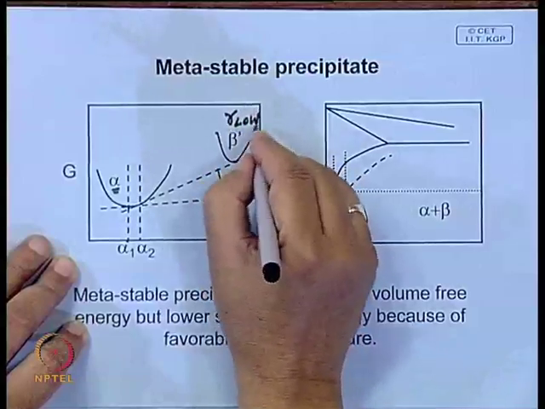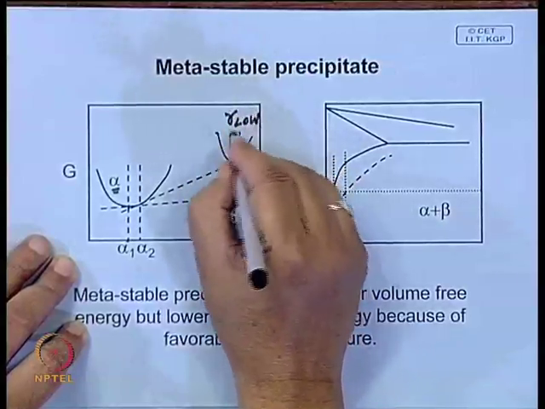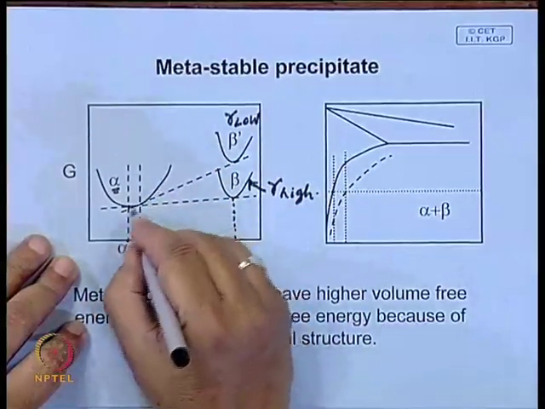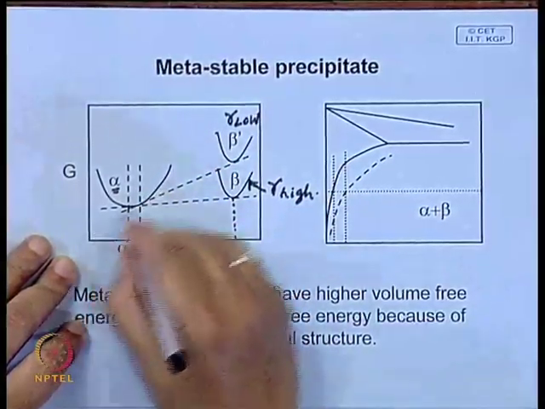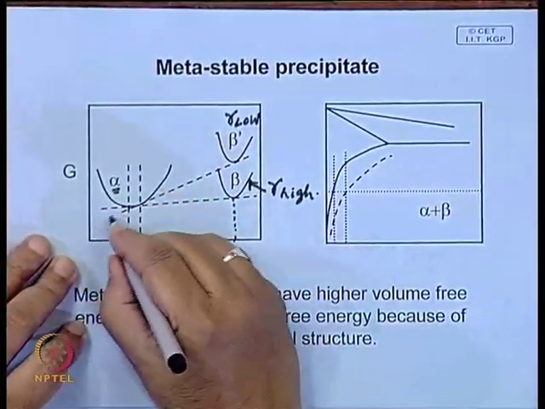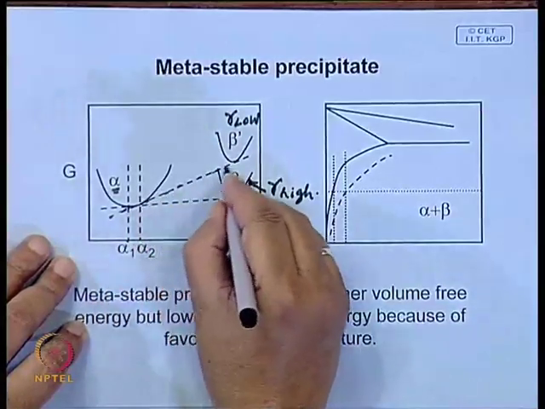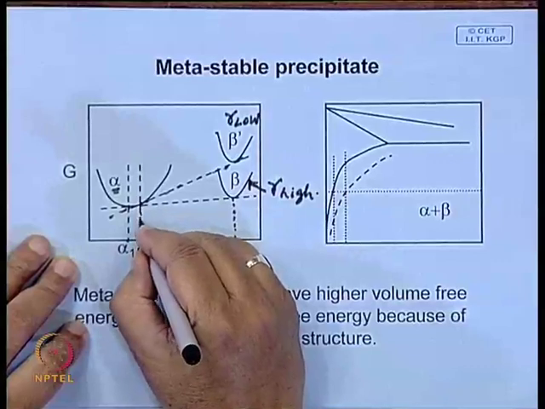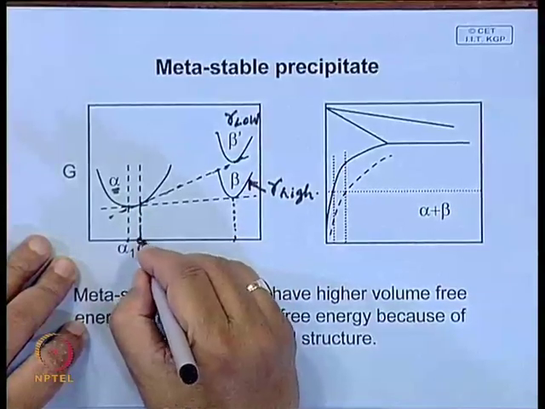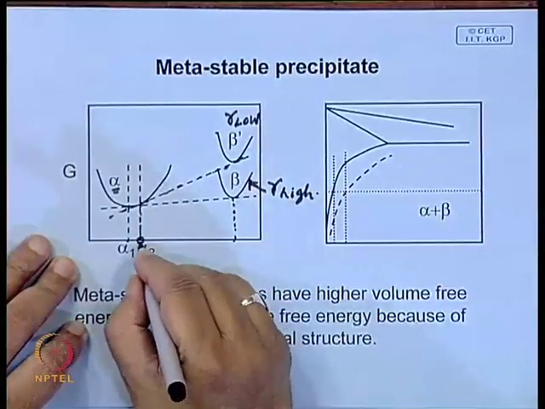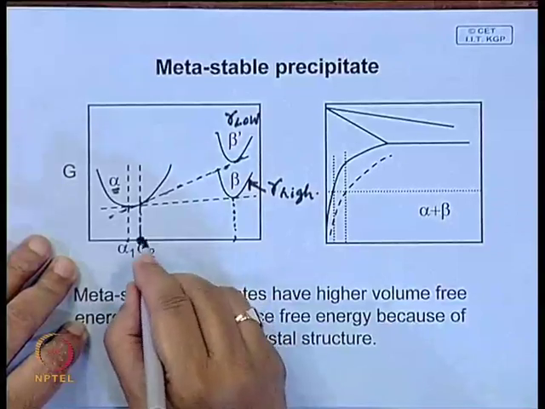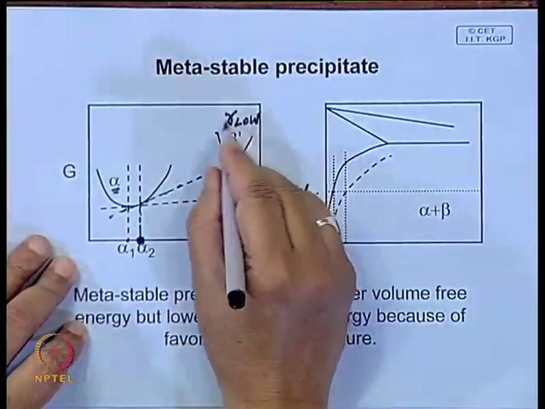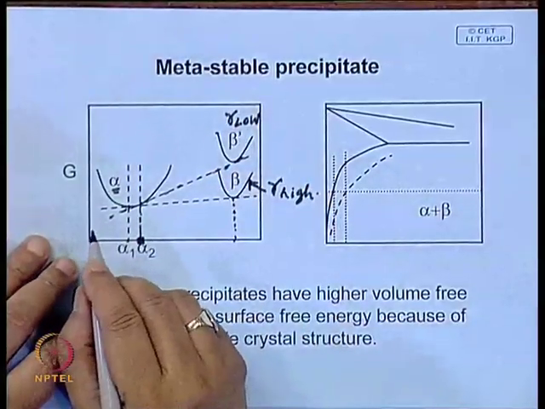So, this is more likely to form with a lower degree of supersaturation, but when it forms, look at the composition of alpha with which it will remain in equilibrium. You draw a common tangent, and this is the composition of B in alpha which can be in equilibrium with this particular metastable precipitate.